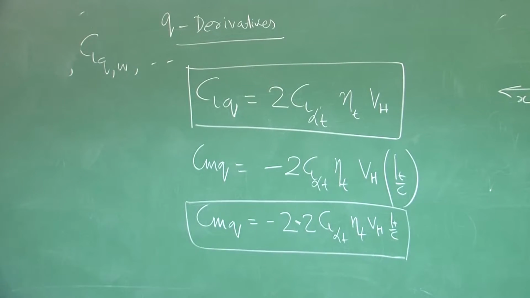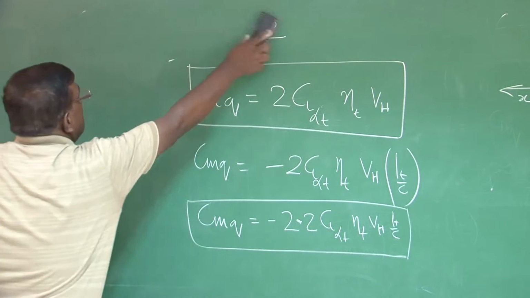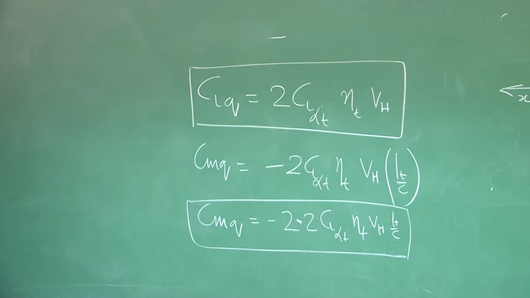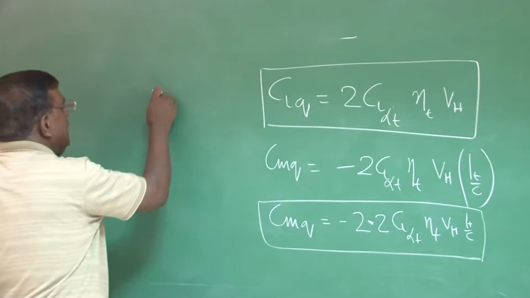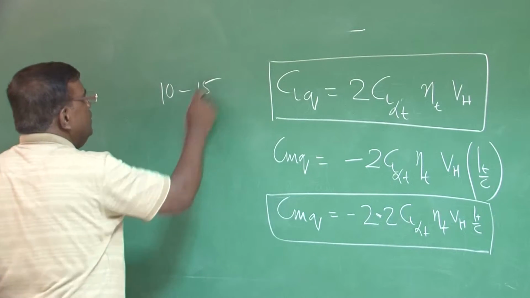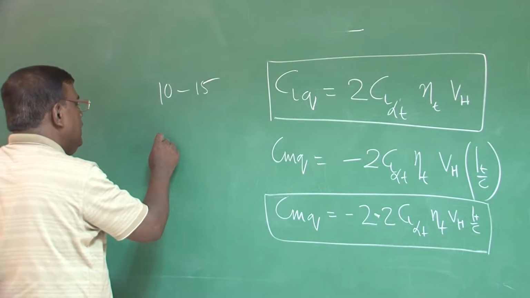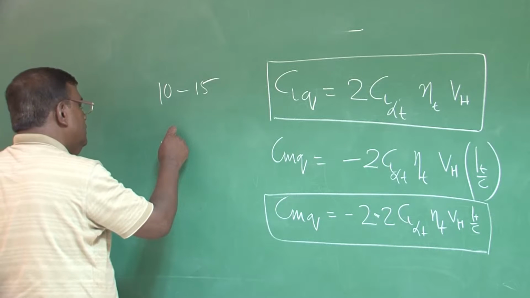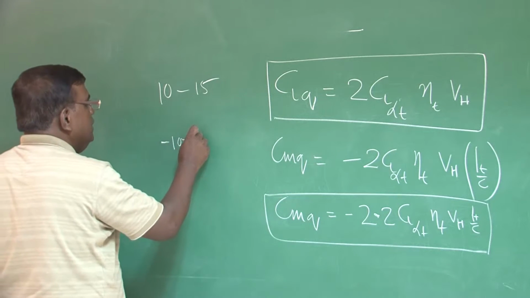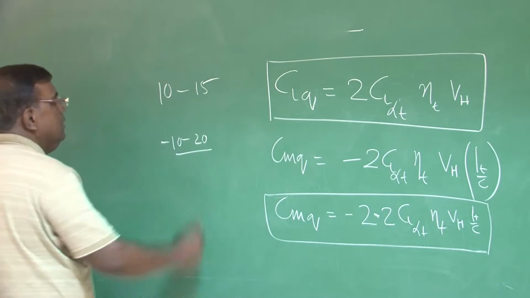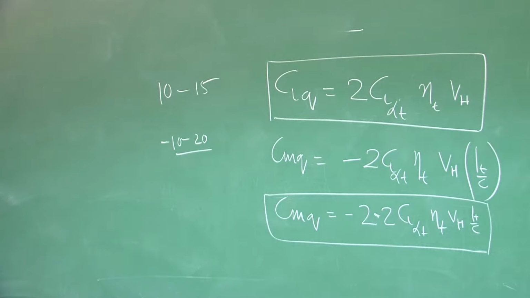Unless you develop that feel, you are not ready for designing an aircraft. So, typical value of CLQ you will find will be between 10 to 15, and CMQ also could be minus 10 to minus 20, around these typical values for CLQ and CMQ.